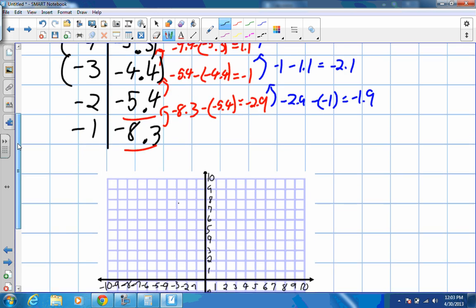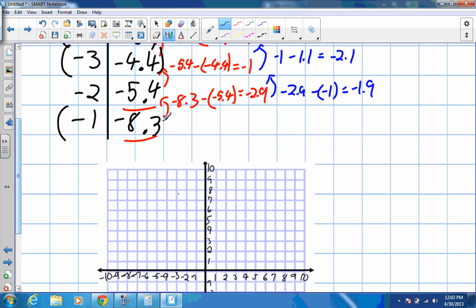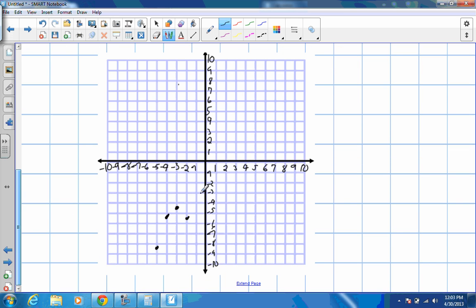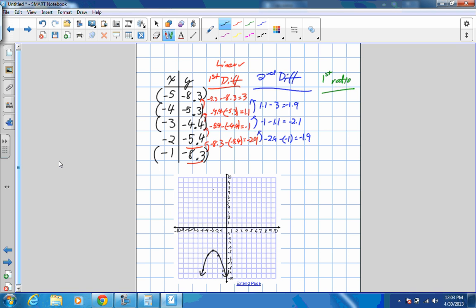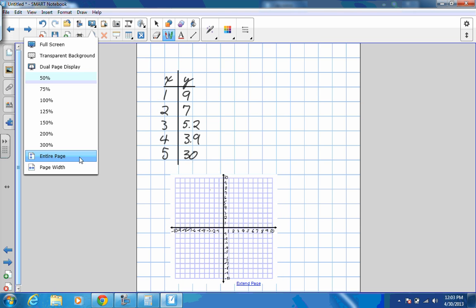Negative 2, negative 5.4. And the last one is negative 1 and negative 8.3 again. So it looks like a parabola fits this pretty well. It may not be perfect, but it's probably the best out of the three models to fit this regression. So we would say this relationship is quadratic. But let's test out our last one.